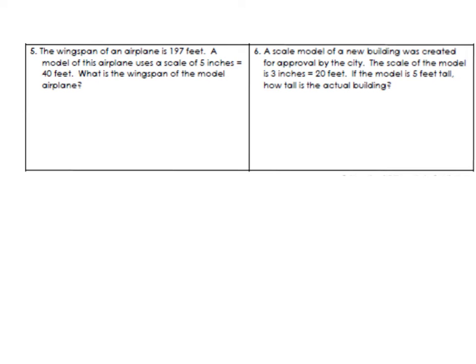The wingspan of an airplane is 197 feet. So we set up our proportion. The actual wingspan is 197 feet. We do not know the scale yet. A model of this airplane uses a scale of 5 inches equals 40 feet. Now we know.